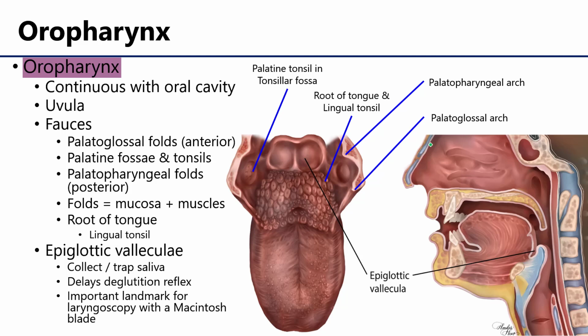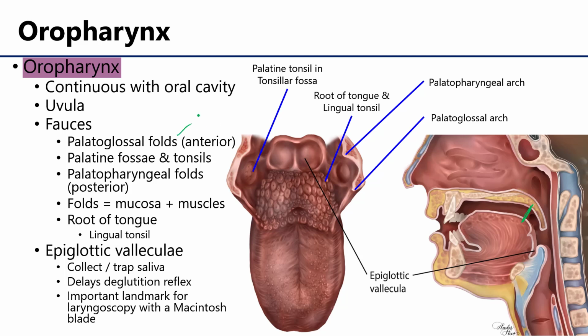Oropharynx is a little more complex a space. So it's going to be contiguous with the oral cavity. There is a muscle called the palatoglossus muscle, and it's invested by mucosa, and that mucosa and muscle is going to form a fold, and we refer to that fold as the palatoglossal fold.